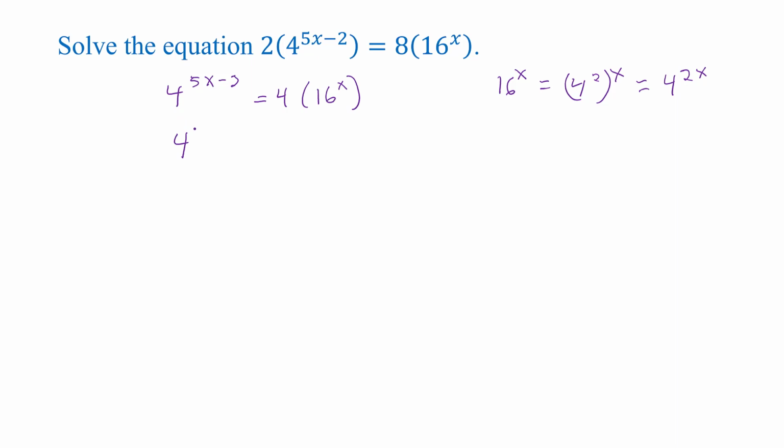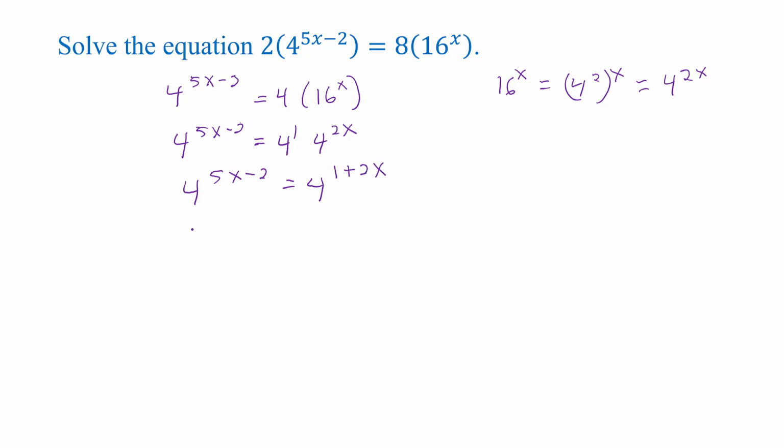So we have 4 raised to the 5x minus 2 equals 4 raised to the power of 1 times 4 raised to the power of 2x. And now on the right side, we can rewrite 4 to the 1 times 4 raised to the 2x as 4 raised to the power of 1 plus 2x.